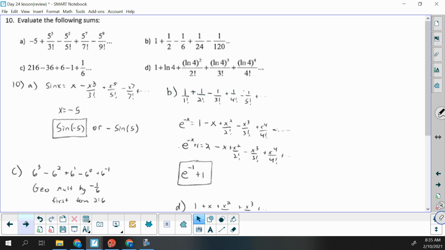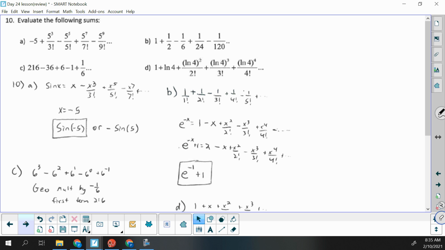In B, we want to recognize that that's just our factorials in the bottom, 2 factorial, 3 factorial, 4 factorial, and so on. So that would lead us to think e, but notice our signs are changing. So we would want to think e to the negative x.